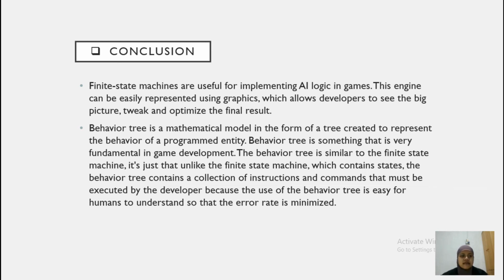This engine can be easily represented using graphs, which allow developers to see the big picture, tweak, and optimize the final result. And behavior tree is a mathematical model in the form of a tree created to represent the behavior of a programmed entity.